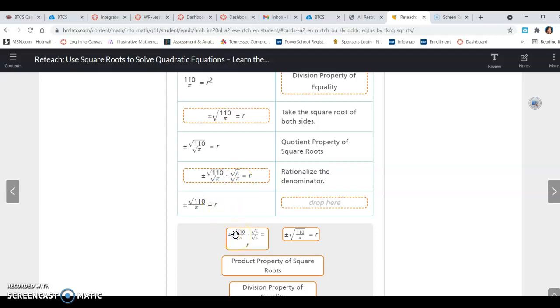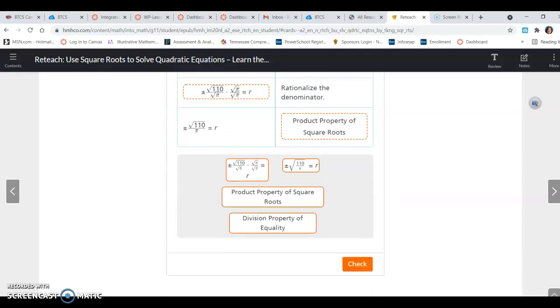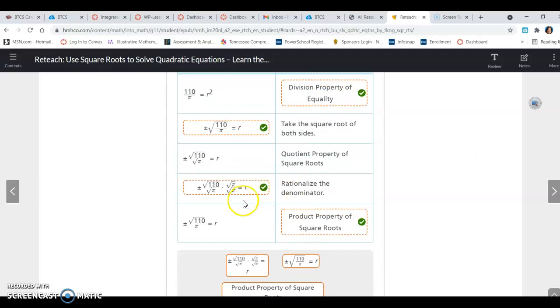And then the last thing, all right, I believe they lost the pi. This should have a pi right here.